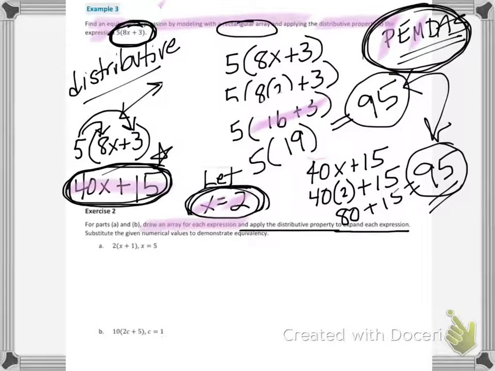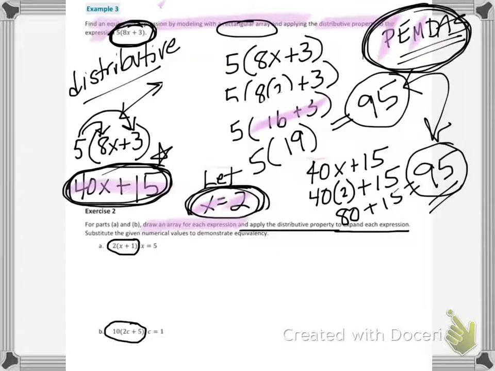Substitute the given numerical values to demonstrate equivalency. What that means is, just like I did up top, you're going to find an equivalent expression for this in A, and then for this in B.